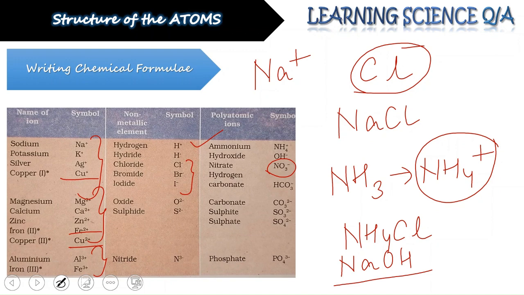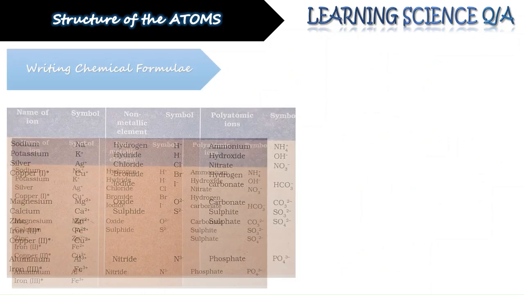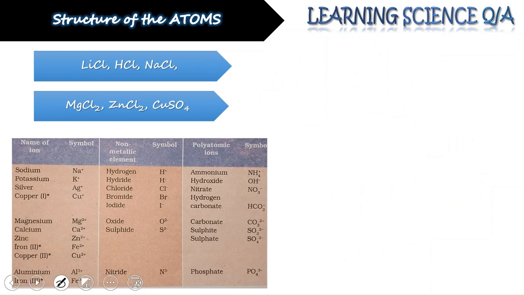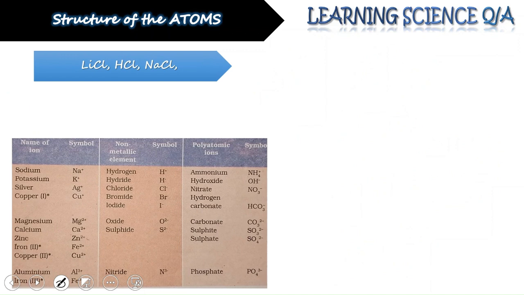Now let's see some more examples. We have a few examples written on the screen. Now lithium is having plus 1 charge over it. Chloride is having minus 1 charge over it.